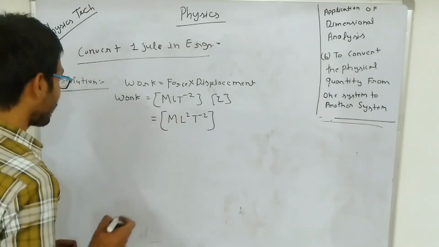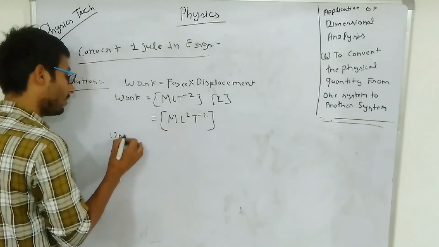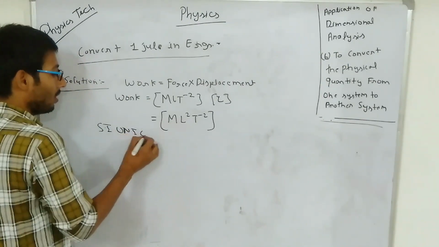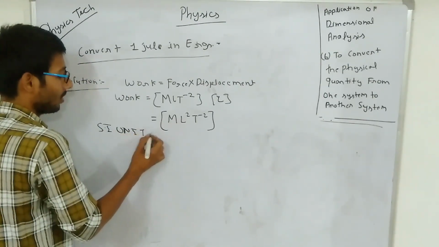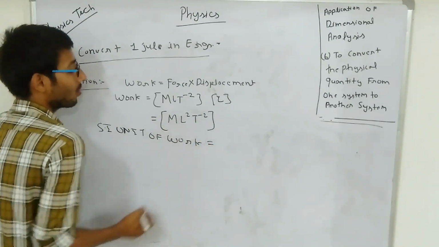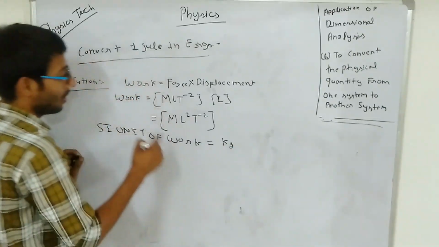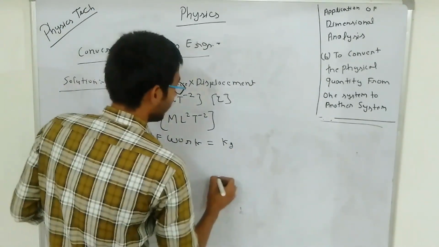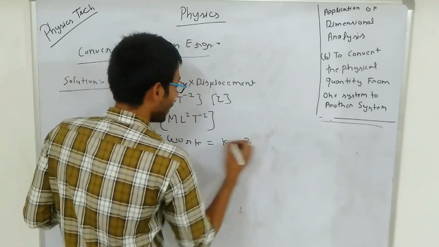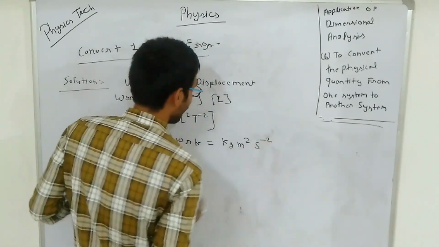Now, the SI unit of work by this formula: M means mass, which means kg; L means length, which means meter, to the power 2; T means second, to the power minus 2.